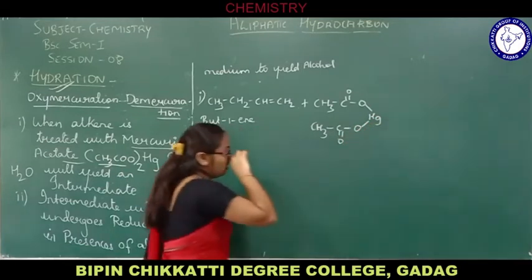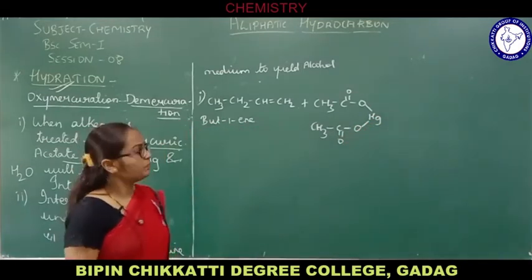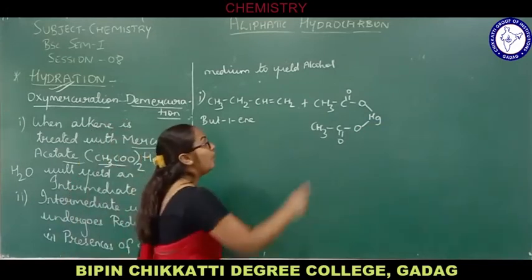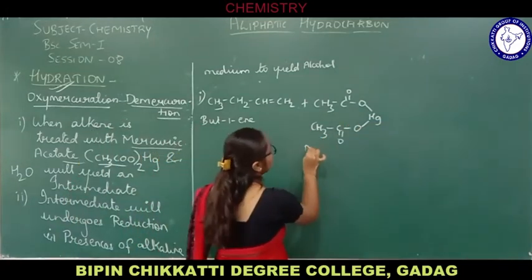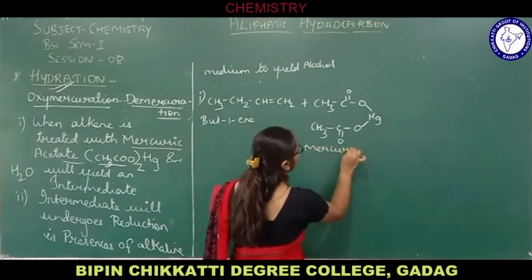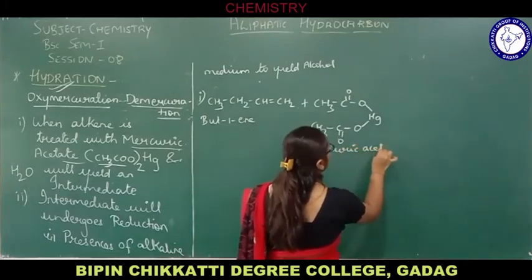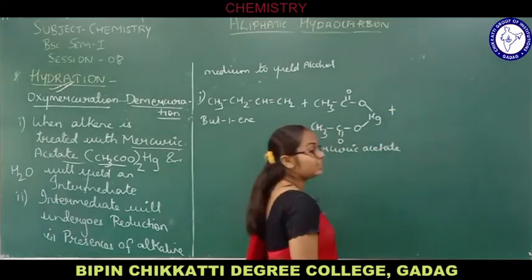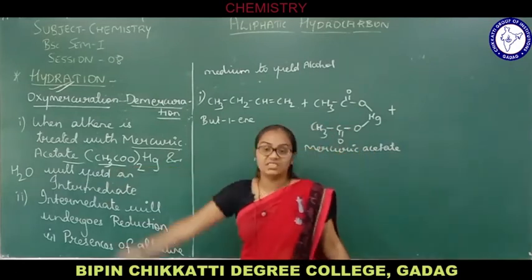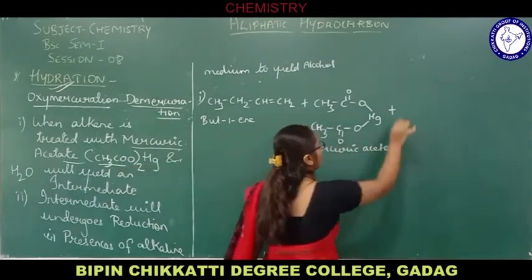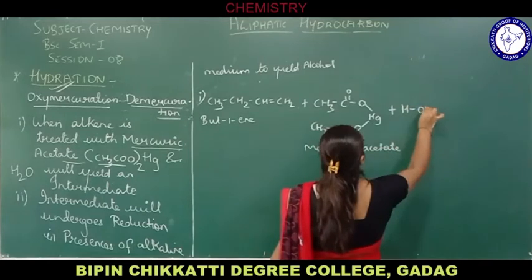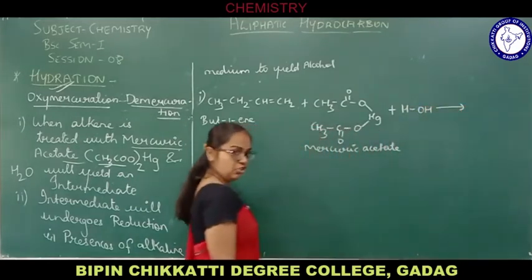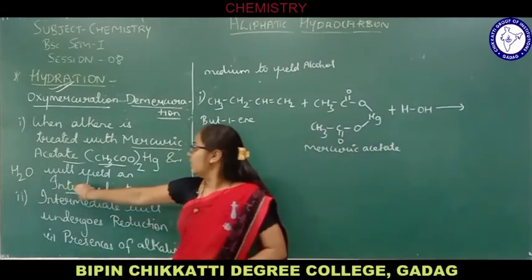This is how the structure of mercuric acetate looks. So but-1-ene will react with mercuric acetate, and the third reactant will obviously be water, the hydration process. Water, H2O, will be added to yield an intermediate.